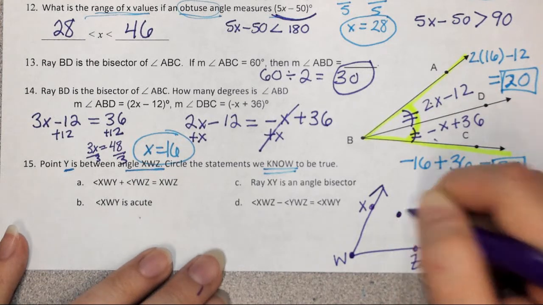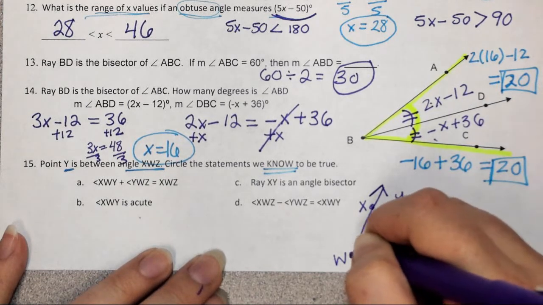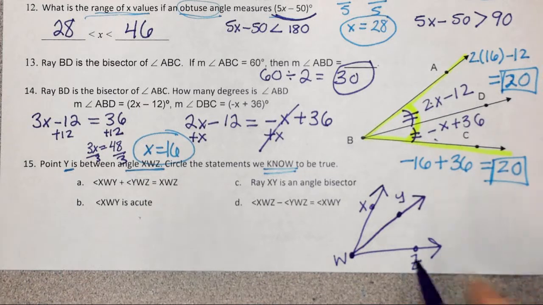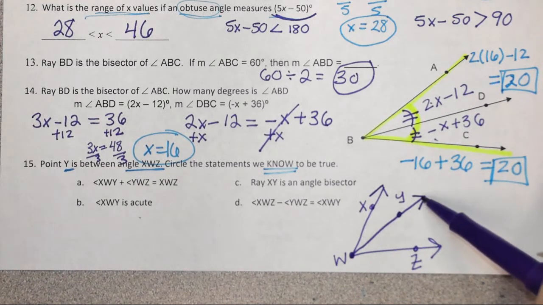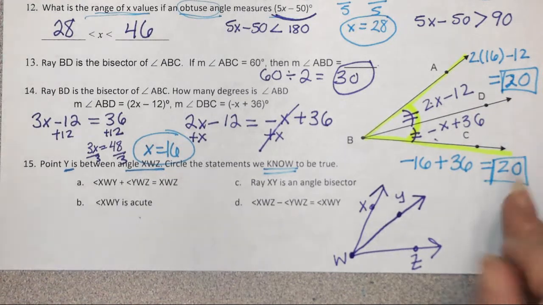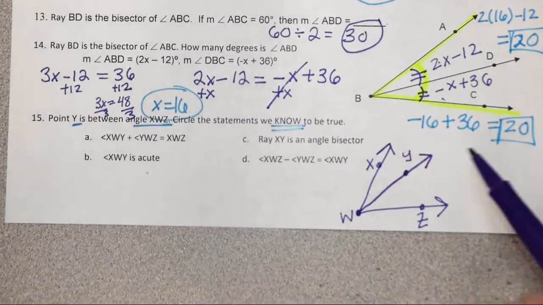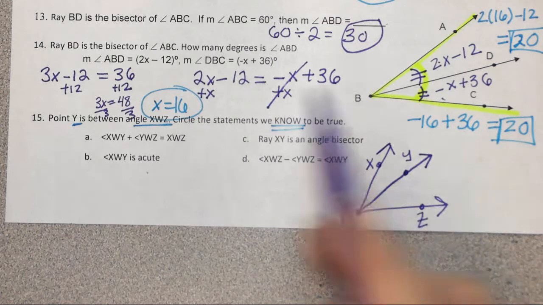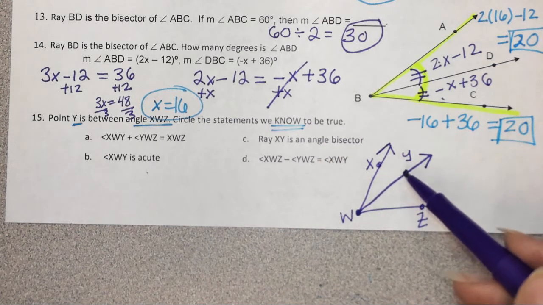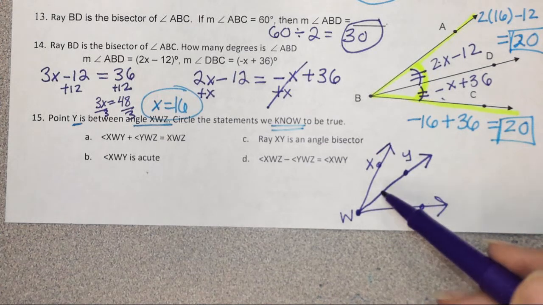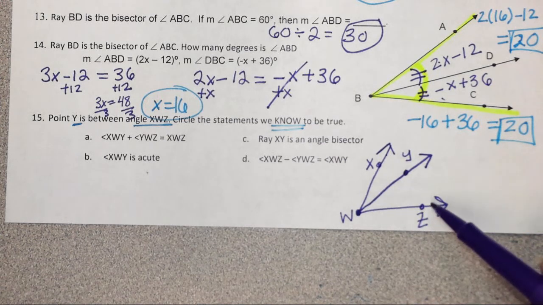Point Y is between them. Okay? So we don't know if Y is perfectly in the middle between them, but we know that it's somewhere in between this angle. So the first statement says that XWY plus YWZ is equal to XWZ.